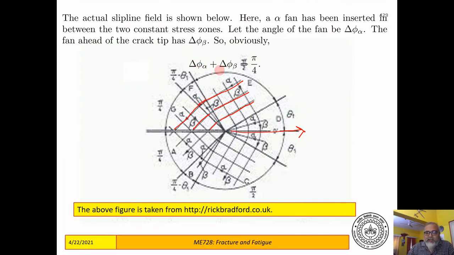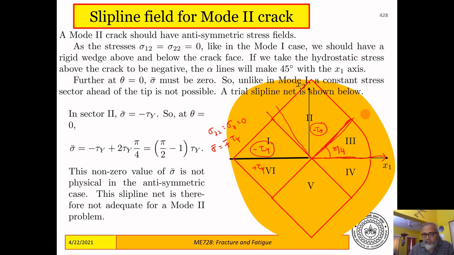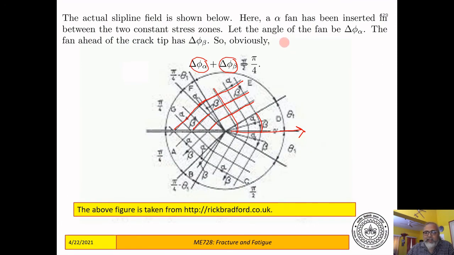The change in phi due to alpha, I call delta phi alpha. Here, these are the beta lines that are changing direction. So there is a change in phi due to beta, and I call that delta phi beta. And these two together have to be equal to pi by 4, because the original angle was pi by 4 to start with. So this is the first expression that I have, pi by 4.